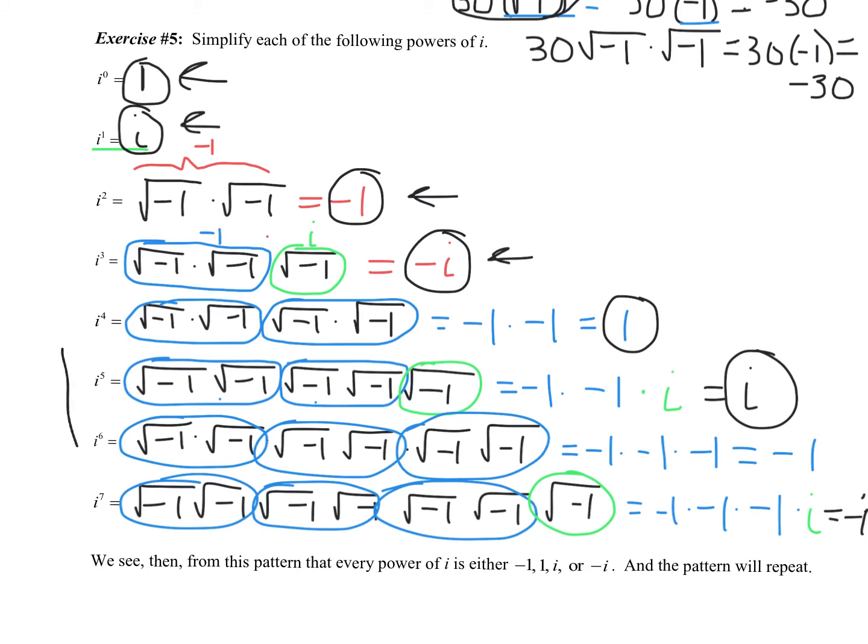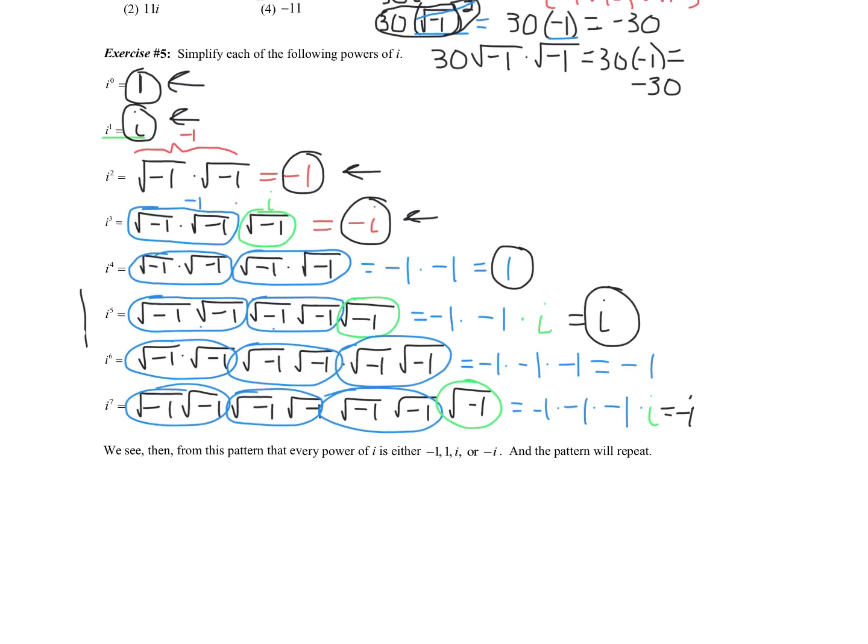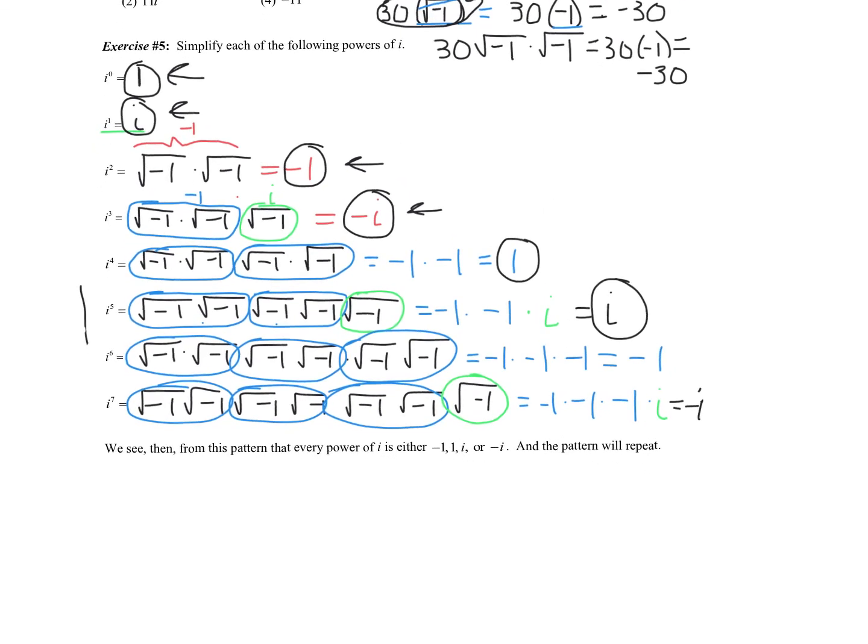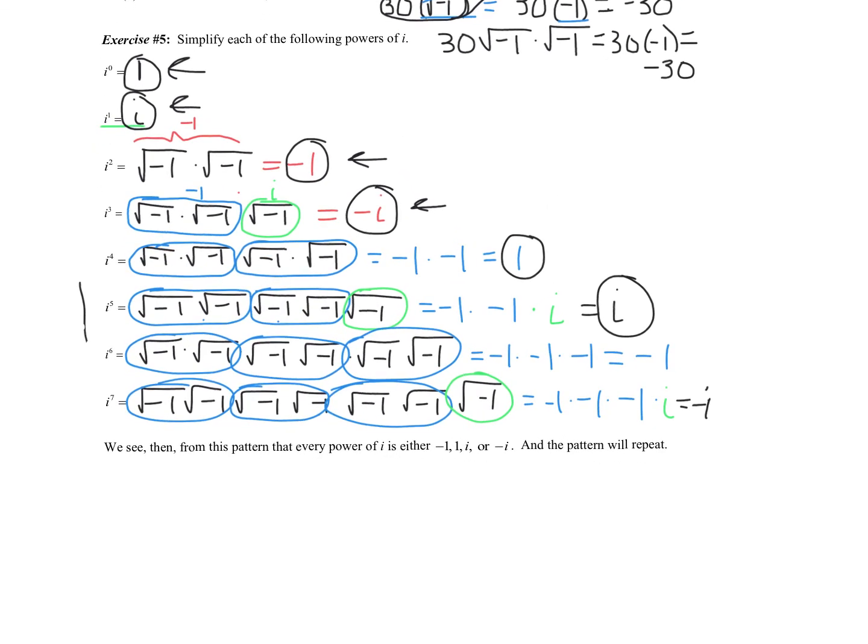We found a pattern. We are now going to look at this sentence at the bottom of the page. It says, we see then from this pattern that every power of i is either -1, +1, i, or -i. And specifically the order that we found falls back on these first 4 answers in this order.